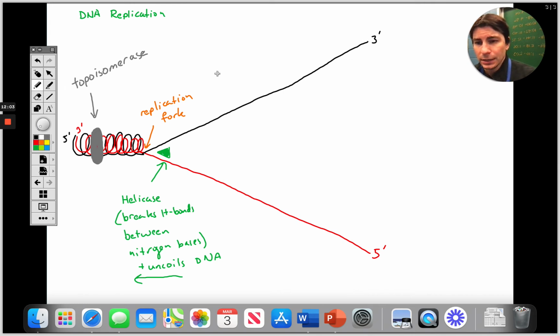So let me put some nitrogen bases in here for us. Okay, good enough. Now, if I were to do the red strand as well, and I'm not going to copy the red strand, like I said, we'll do that later, but we better have these matching up.